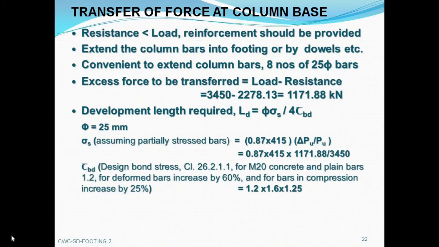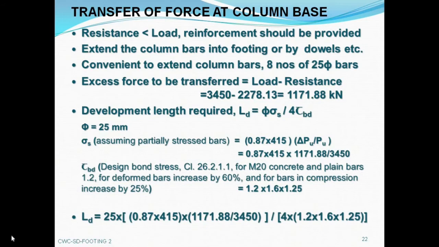Tau bd is the design bond stress, and for M20 concrete and plain bars it is 1.2 from clause number 26.2.1.1, and for deformed bars we have to increase it by 60%, and for bars in compression it has to be increased by 25%. So here the value of tau bd will be 1.2 into 1.6 into 1.25. On assigning all these values in the equation, we will get the value of development length as 319 mm.